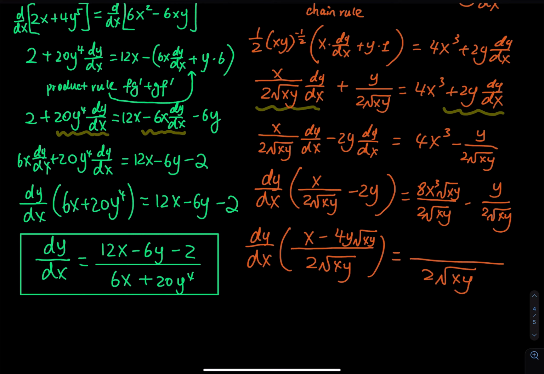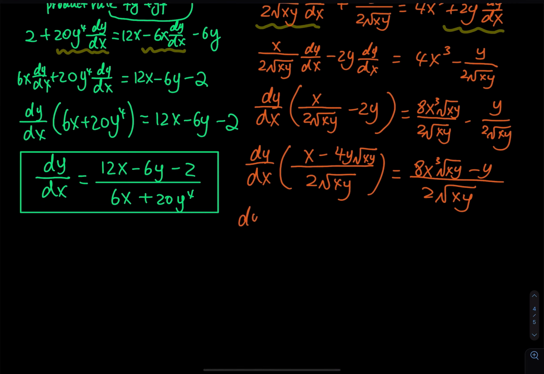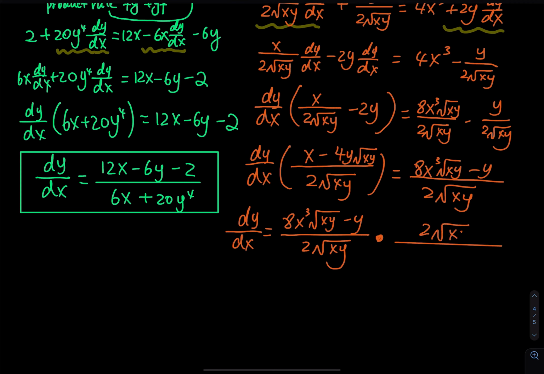Okay, so that is equal to 2 root xy, and then we have 8x to the third root xy minus y. So once you perform the division, then you have one fraction multiplied by the reciprocal of the other fraction. 8x to the third root xy minus y divided by 2 root xy, and then you multiply the reciprocal of the left hand side. So you have 2 root xy, and then x minus 4y root xy, right?